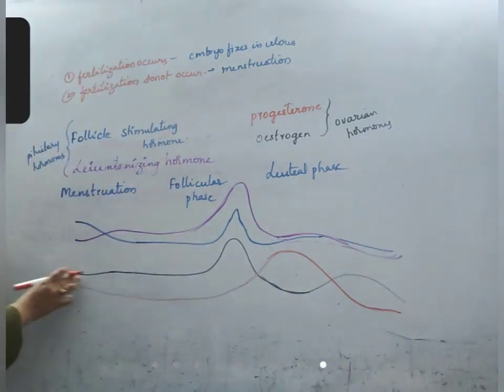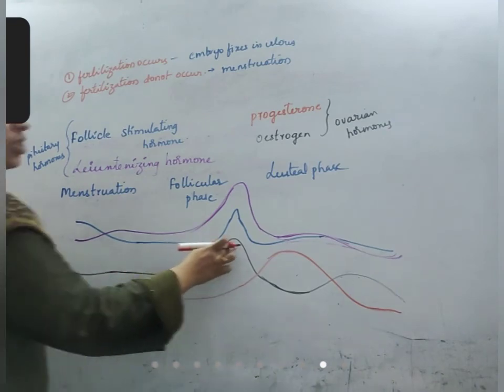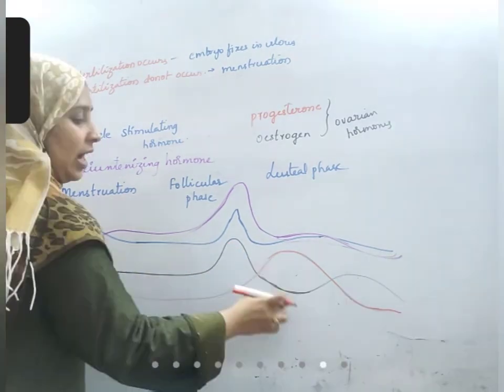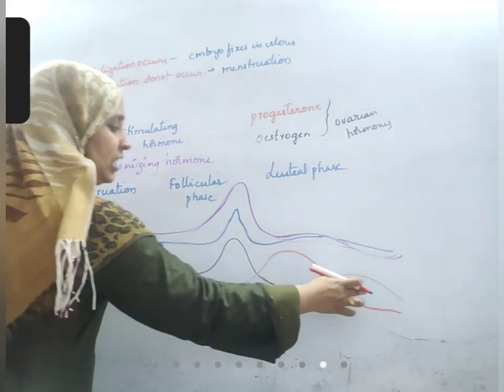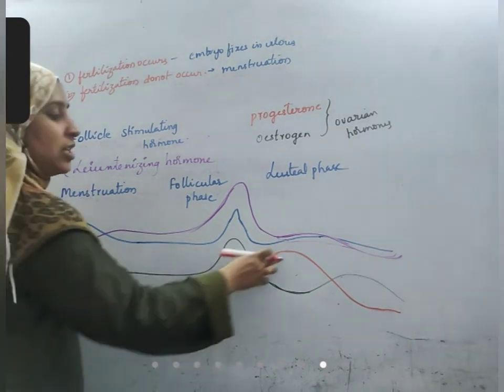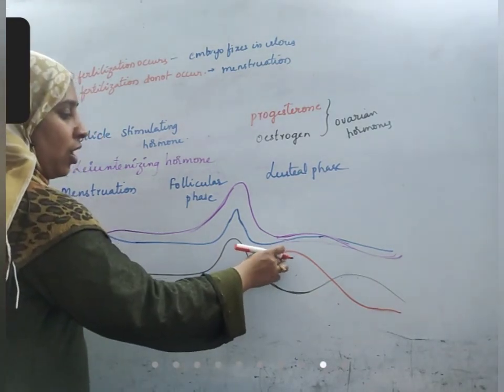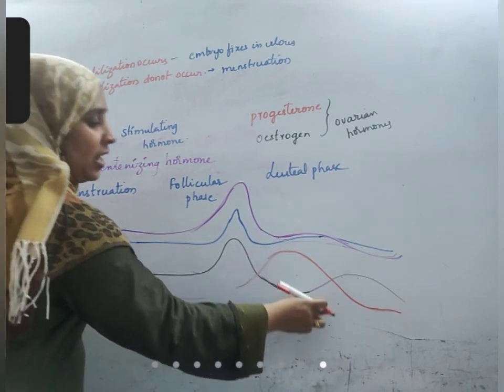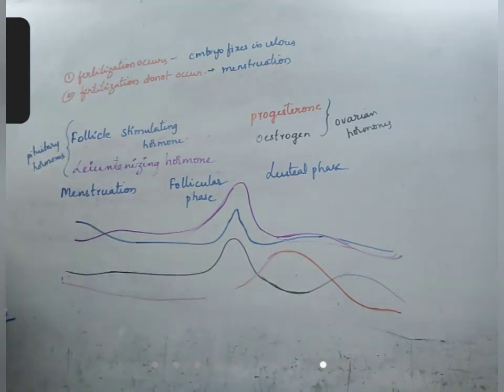So estrogen is increased after the follicular phase, decreases at once, and increases at the end of the luteal phase before menstruation occurs, and progesterone increases after ovulation occurs, after the follicular stage, and then it decreases after that.